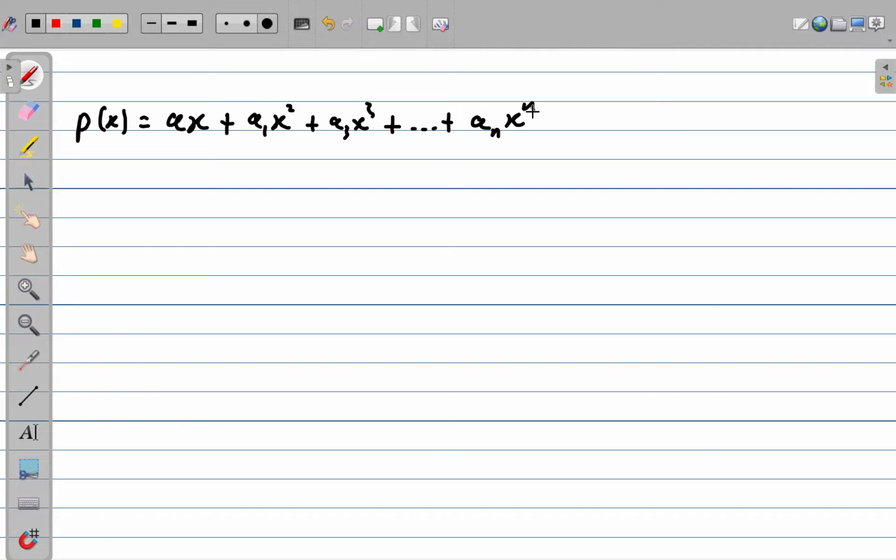So it's just an algebraic expression in which, and this is the important part, the exponents of the x terms are positive integers. If you don't want to say positive integers, you may say whole numbers. This is very, very important, okay?